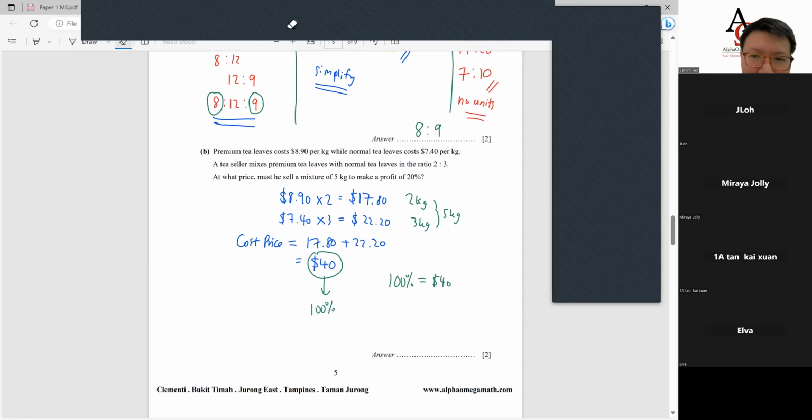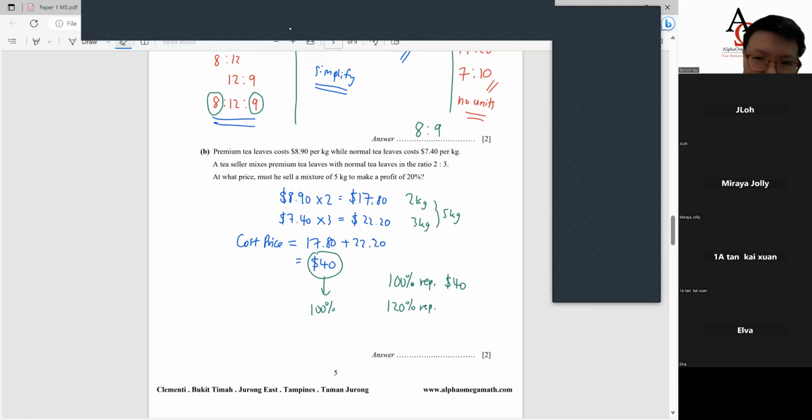Cannot. It doesn't make any sense. So depending on your school, most schools will allow arrows. Some schools don't like arrows. So instead of arrows, you can say represent. REP dot represents. 100% represents $40. So 120%.